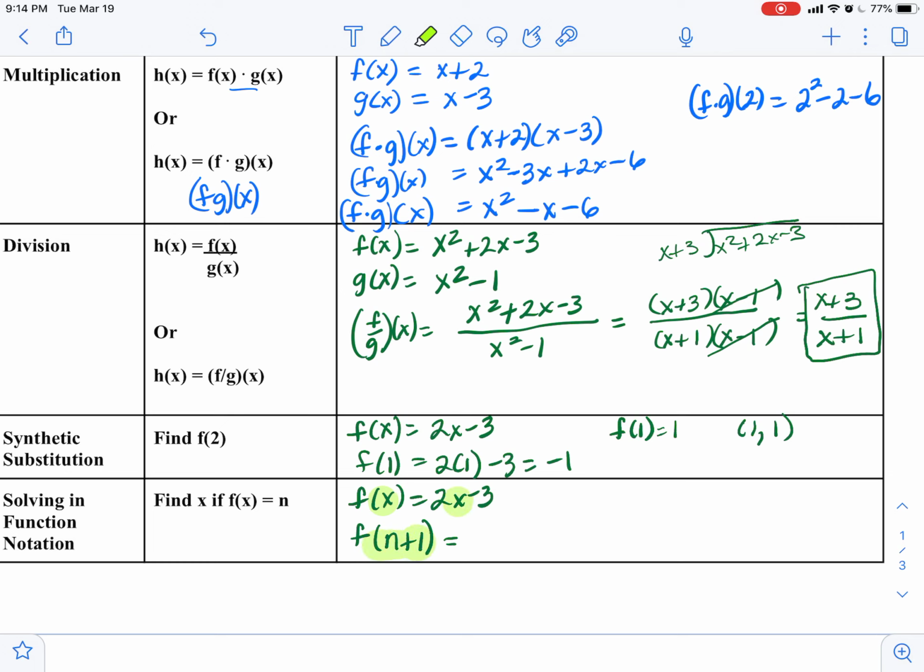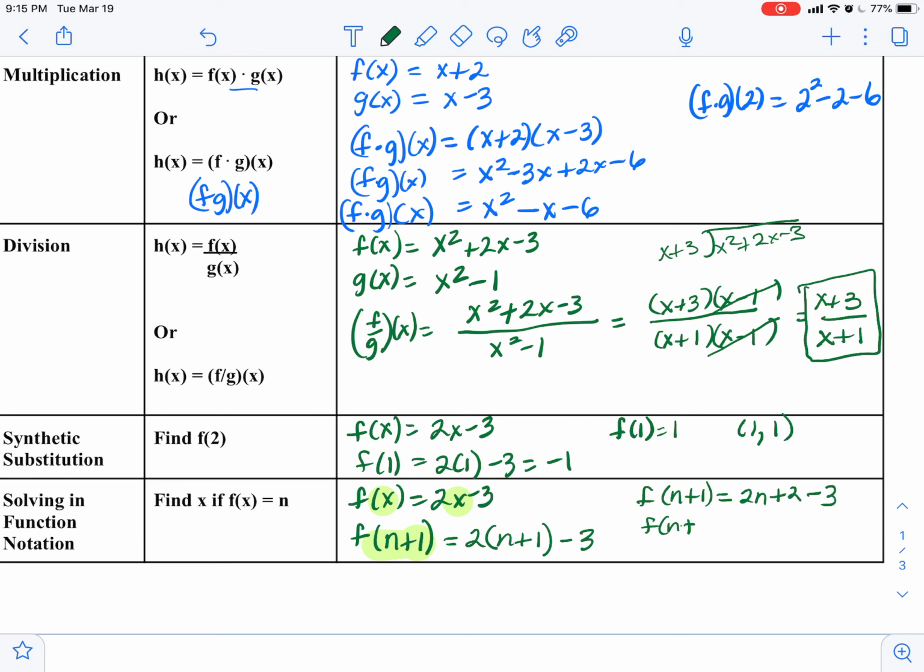So I'm going to go right here where this x is, and I'm going to put an n plus 1. So 2 times n plus 1, and then minus 3. So f of n plus 1 would be 2n plus 2 minus 3.